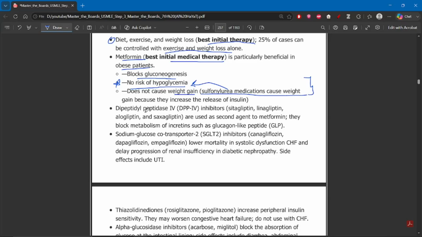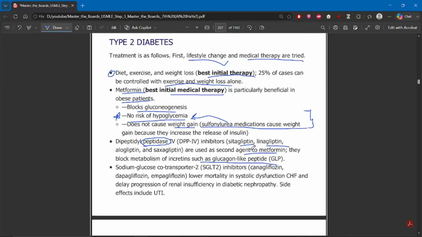Dipeptidyl peptidase 4 inhibitors, which have gliptin in their names, so sitagliptin, linagliptin, are used as second agent to metformin. They block metabolism of incretins such as GLP, glucagon-like peptide. Peptidase is an enzyme, right? What it does is that it metabolizes GLP-1.